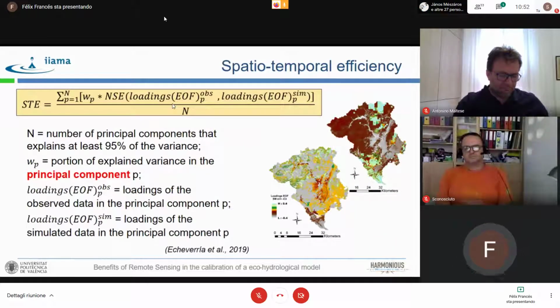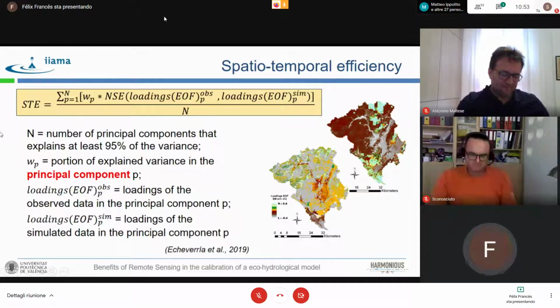And the most interesting part is how to measure the similarity between observation and simulation in the case of spatial state variables. In this case, we use principal components analysis, and we built this index as a weighted sum of the Nash-Sutcliffe efficiency index of the loadings for each of the different principal components.